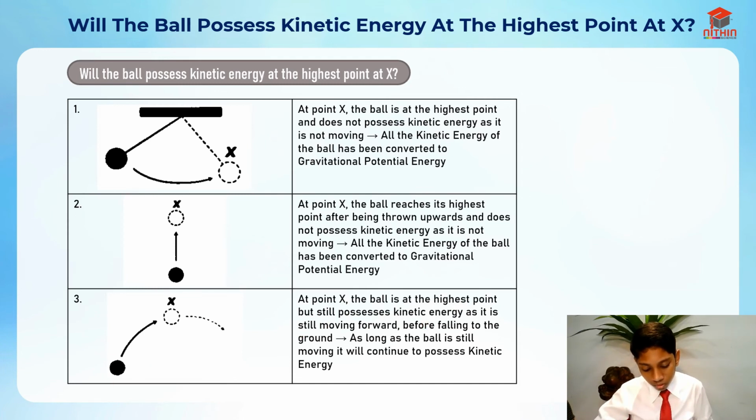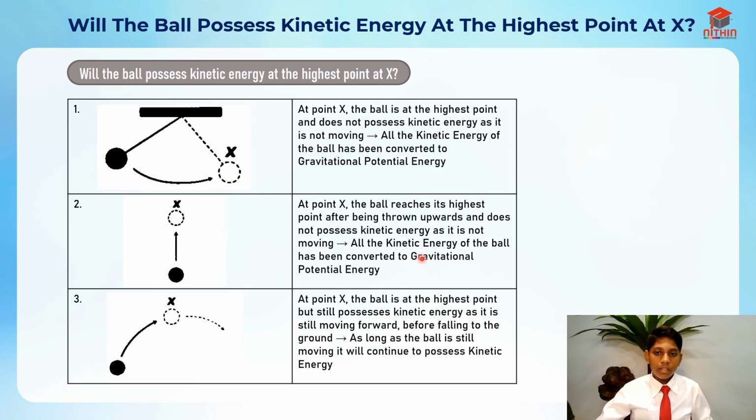The ball is not just going up and staying there; it's going from up to down. So as long as the ball is still moving, it will continue to possess kinetic energy before it falls down. I hope you understood that.